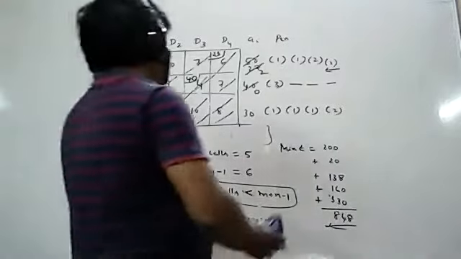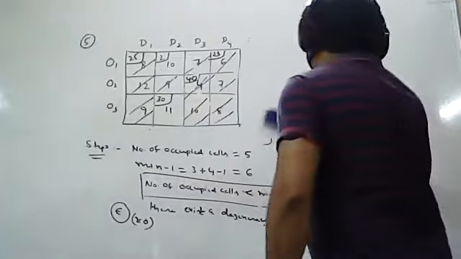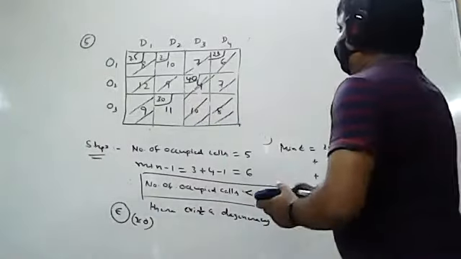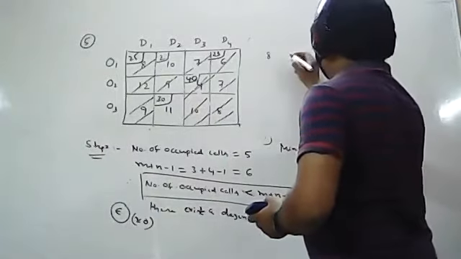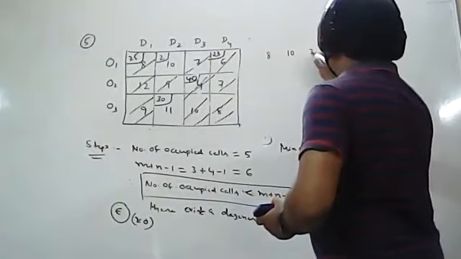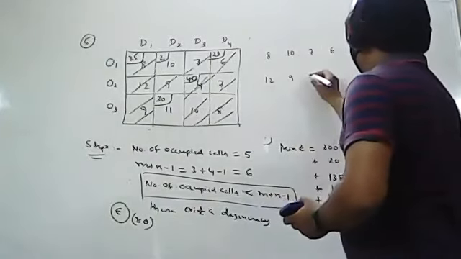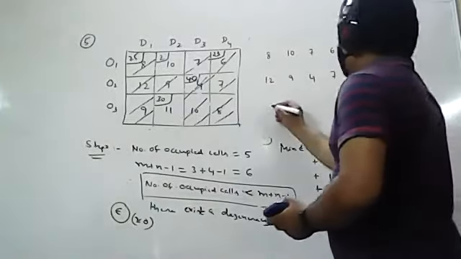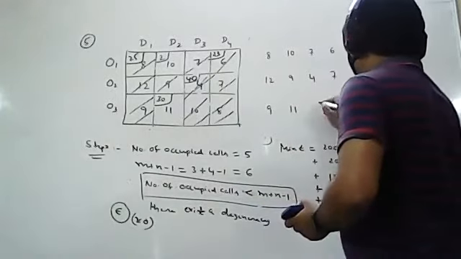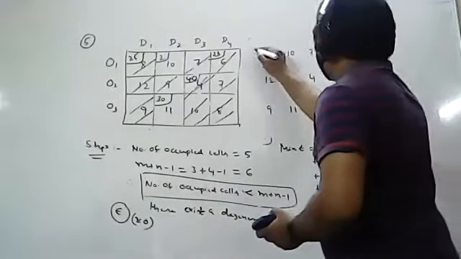So if I want to take that cell, I have to draw the table again. So just I will draw the table here. What is the table? 8, 10, 7, 6. This is 12, 9, 4, 7. This one is 9, 11, 10, 8.